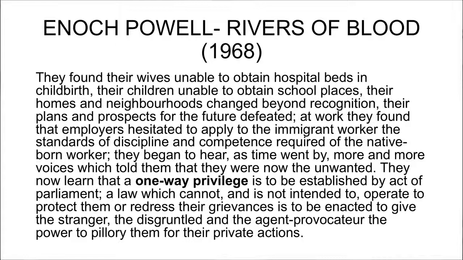At work, they found that employers hesitated to apply to the immigrant worker the standards of discipline and competence required of a native-born worker. They began to hear, as time went by, more and more voices which told them they were now unwanted. They now learned that a one-way privilege is to be established by Act of Parliament, a law which cannot and is not intended to operate to protect them or redress their grievances is to be enacted to give to the stranger, the disgruntled and the agent provocateur the power to pillory them for their private actions."